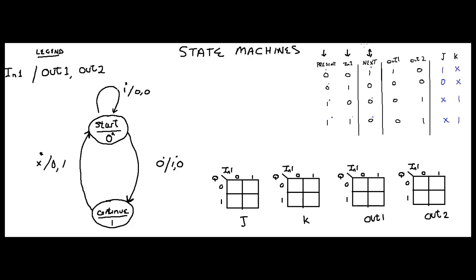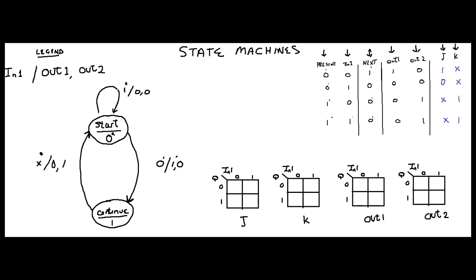Obviously, those don't require Karnaugh maps, those are your inputs, but you need a Karnaugh map because you need a circuit for your output 1, and output 2, for each of your outputs. If there were more outputs, you need a Karnaugh map for each of them. And you need a Karnaugh map for your J and your K.